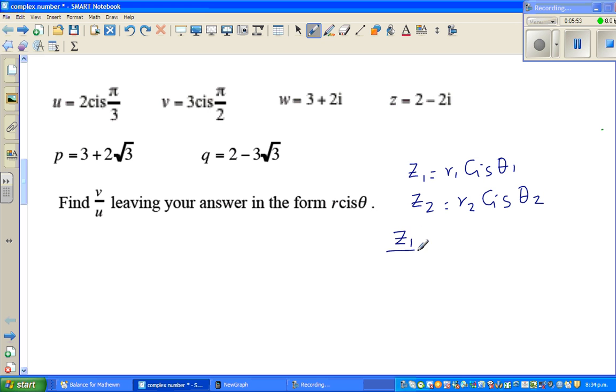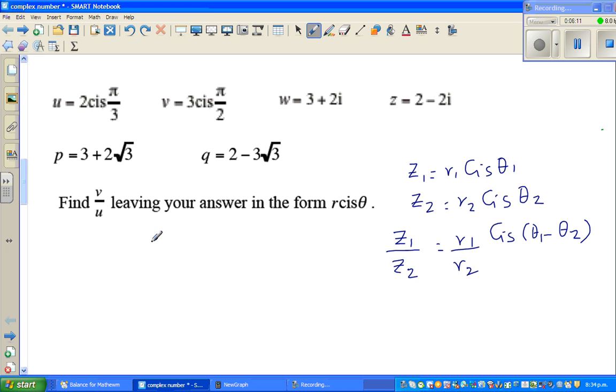So z1 divided by z2 is r1 divided by r2, you just divide the modulus part, cis theta 1 minus theta 2, just like that.